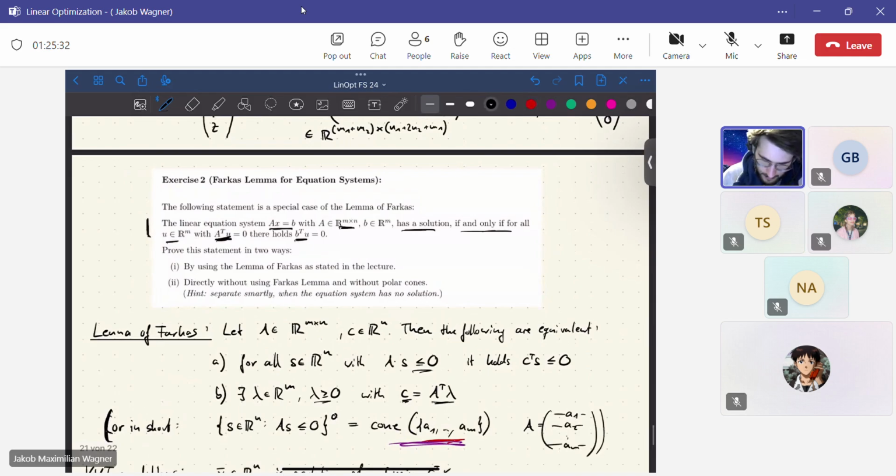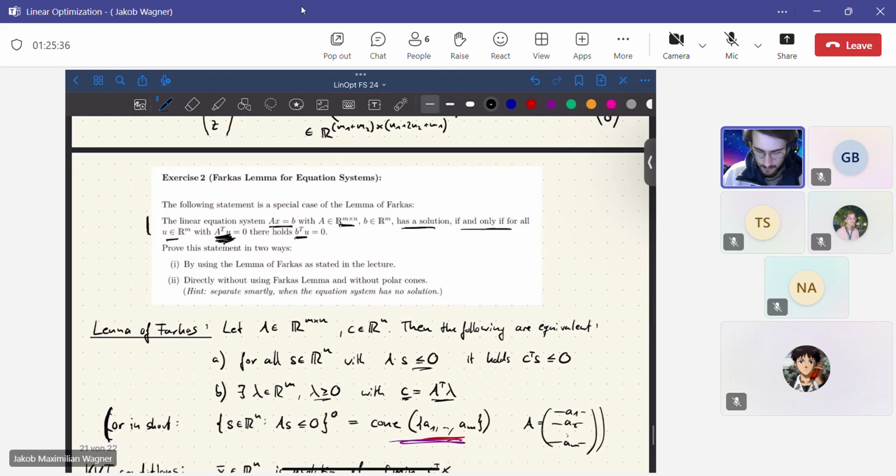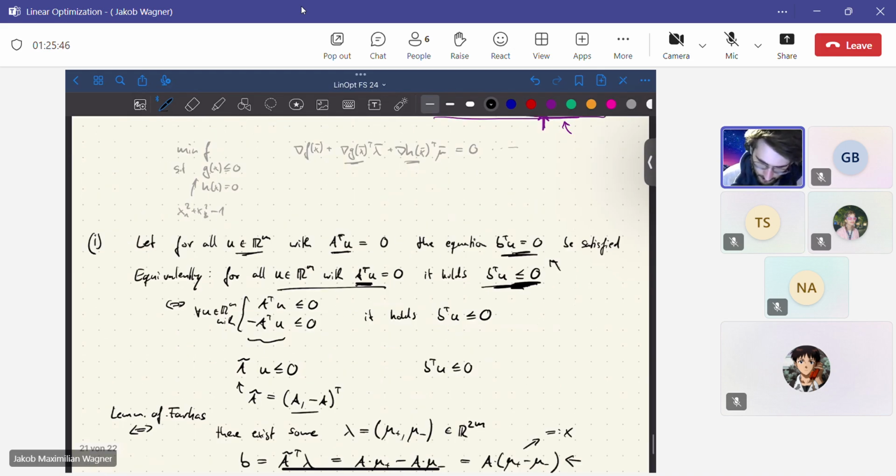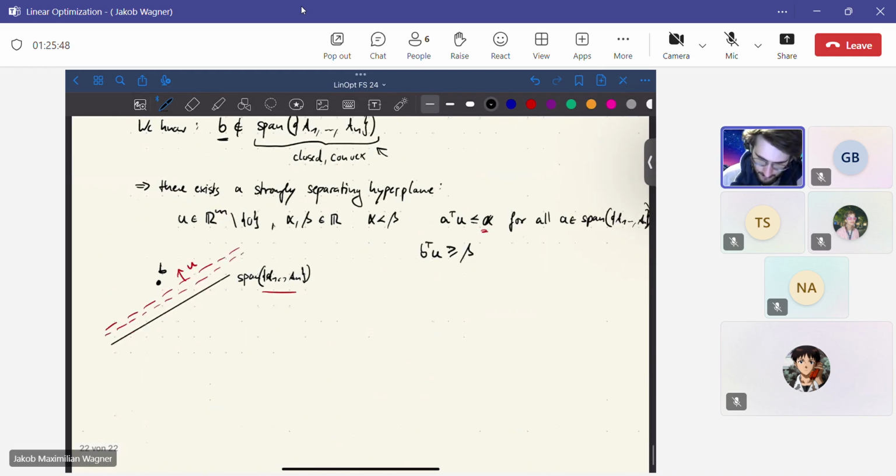So there is a u which satisfies that A transpose u is equal to 0, but where this b transpose u is not equal to 0. So how do we get to A transpose u is equal to 0? And therefore, we again check that the space that we have a look at is a linear subspace.